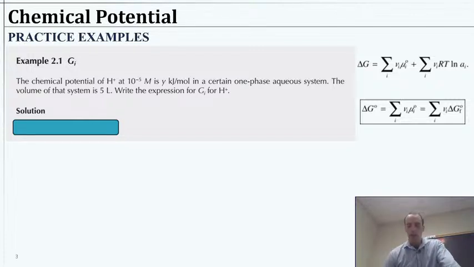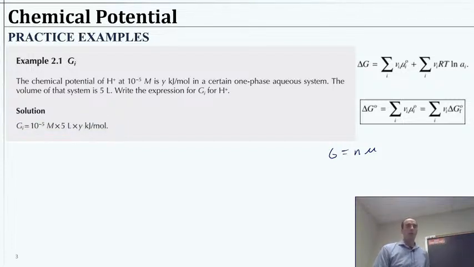So hopefully with the equations or with memory, you remember a minute ago I was saying, well, G is basically the number of moles of something times its chemical potential, right? So when we go to answer this, we're going to use that form and basically say, well, we have some moles per liter and we have some number of liters, so we can find the moles and get our answer, right?